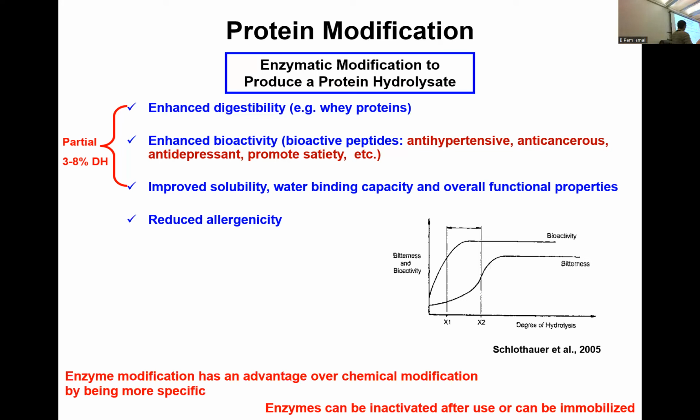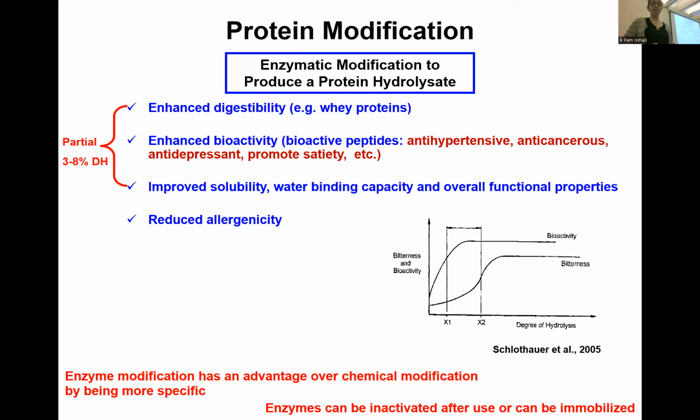Okay, so enzymatic modification in comparison to chemical modification is targeted, it's more specific. Enzymes can be inactivated or can be immobilized, so they don't end up in your final product. And a lot of enzymes have GRAS status, generally recognized as safe. So they won't cause changes in amino acids, they won't reduce the nutritional quality of your ingredient.